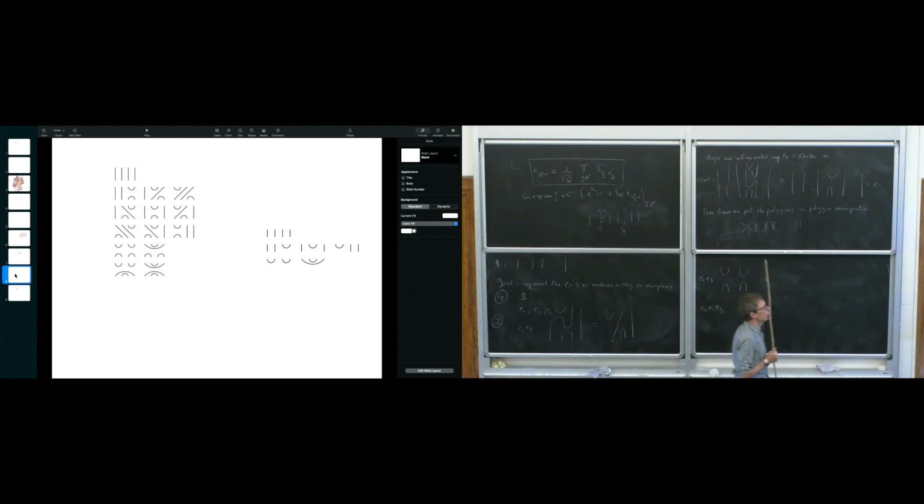The claim I'm going to make now is that each diagram on the left corresponds to a word in the algebra, and all the words in the algebra are represented by one of these diagrams.